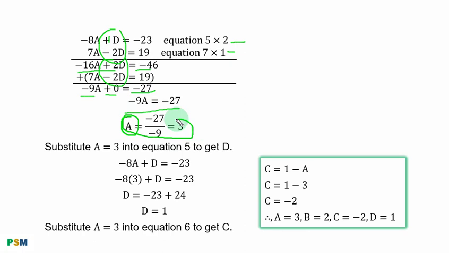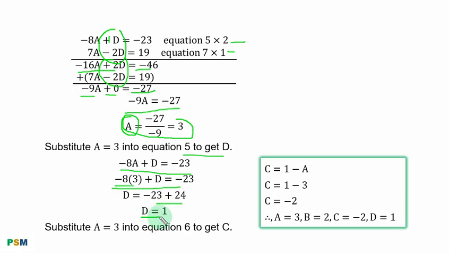A becomes 3. To continue, replace a with 3 in equation 5 to get d. You have d equal to minus 23 plus 24. This term is minus 24. If you transfer it, it becomes plus 24. When you subtract, d is equal to 1.